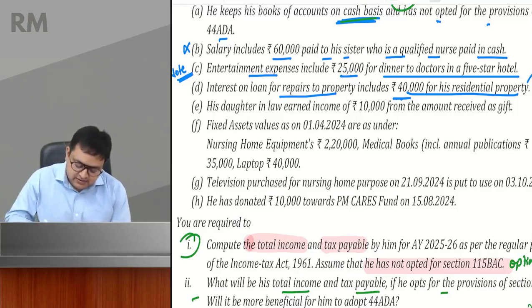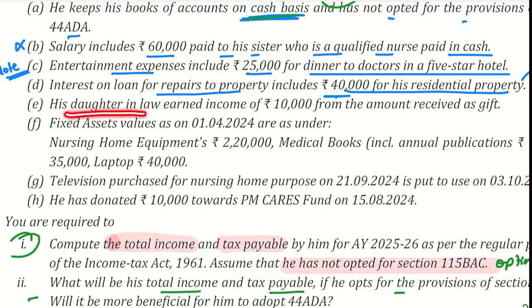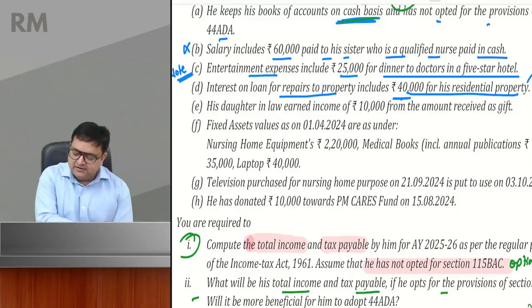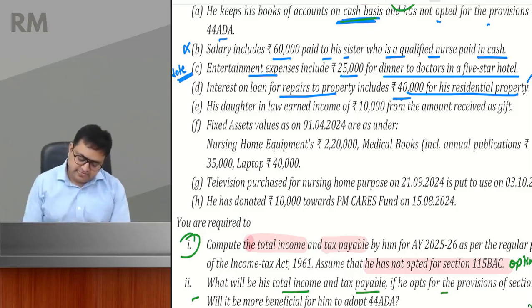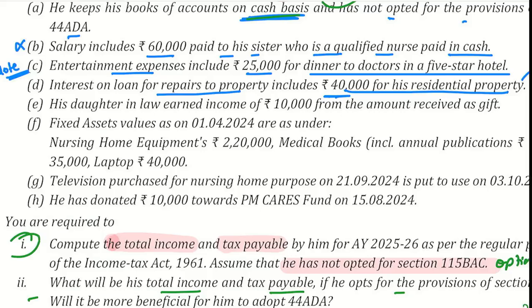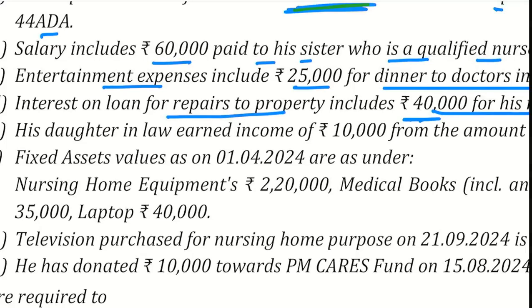E point. His daughter-in-law earned income of 10,000 from the amount received as gift. So his daughter-in-law earned 10,000 rupees from the amount received as gift. Okay. Guys, what do you know about this? His daughter-in-law earned interest income of 10,000 from the gifts which we have given to her.